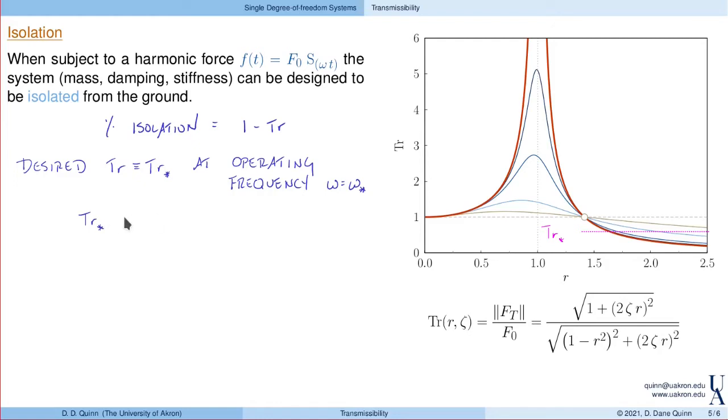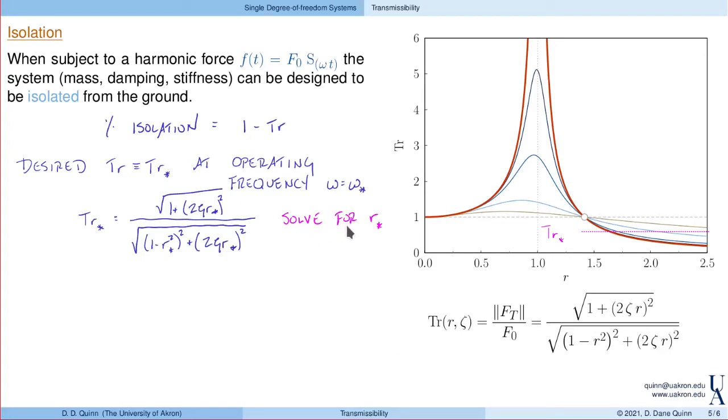TR star is equal to, in the denominator, 1 minus r star squared, squared, plus 2 zeta r star squared. Then in the numerator, 1 plus this quantity. So again, solve for the frequency ratio.